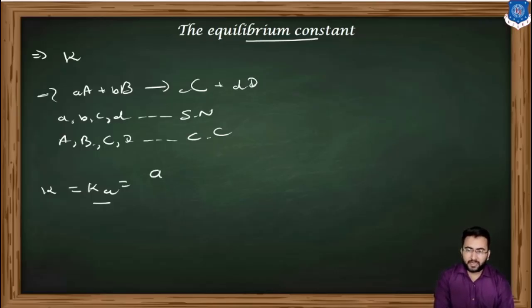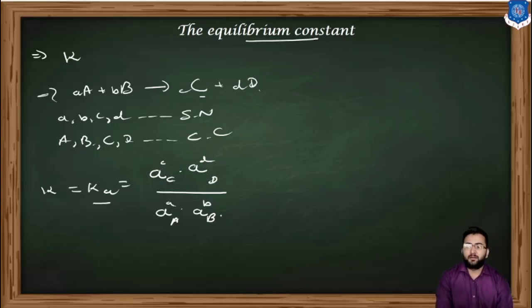So it becomes the activity of product C into the activity of product D, raised to the power of c and the power of d, divided by the activity of A raised to small a and the activity of component B raised to the stoichiometric number of component B. So it is defined by capital pi of ai raised to vi.